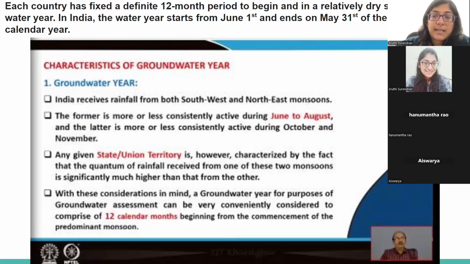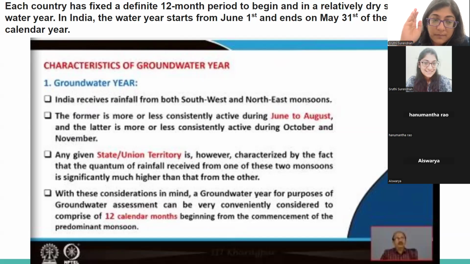Now, like having a water year, we also have something called a groundwater year. The water year covers all the rainfall that we obtain because of the southwest monsoon as well as the northeast monsoon. It's not isolated to one kind of monsoon.